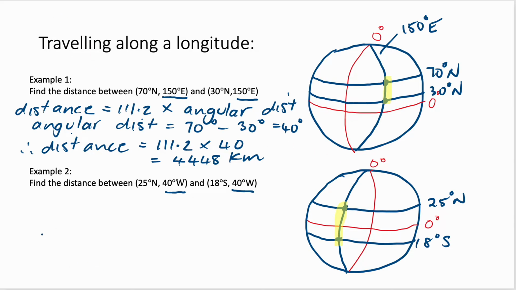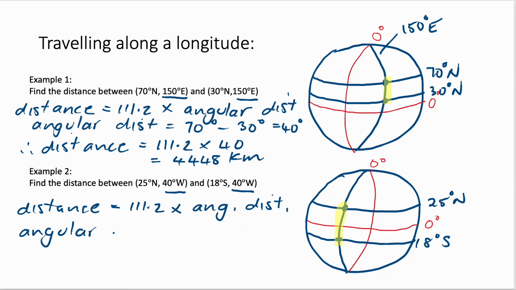So we're just using our simple formula. Distance equals 111.2 times the angular distance. Just abbreviate that there for now. So firstly, we'll work out the angular distance.